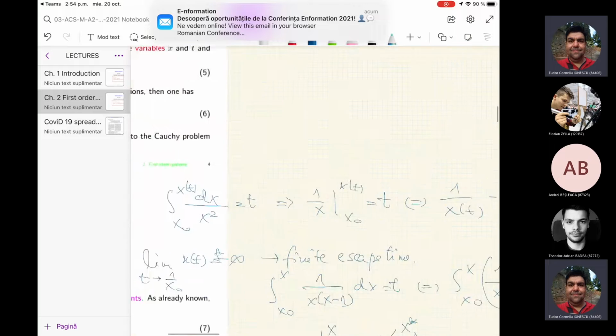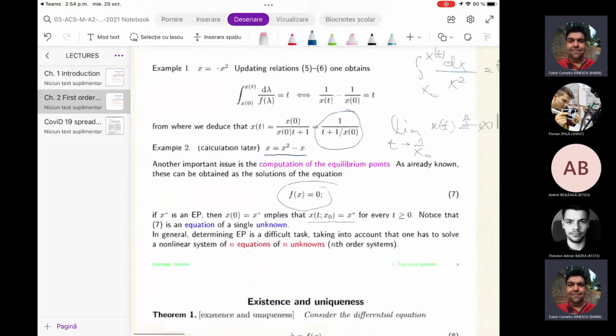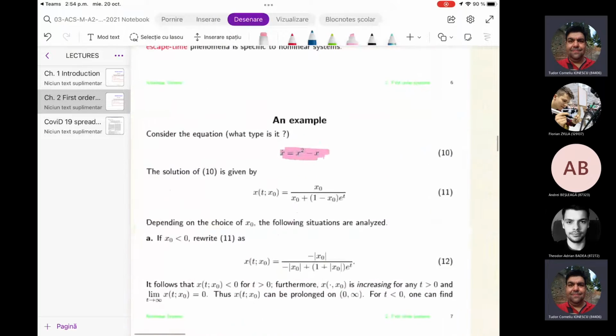So now if we go back to the slides, we see here that actually this is the solution we discovered ourselves, performing the simple separation of variables principle. We get the expected solution.